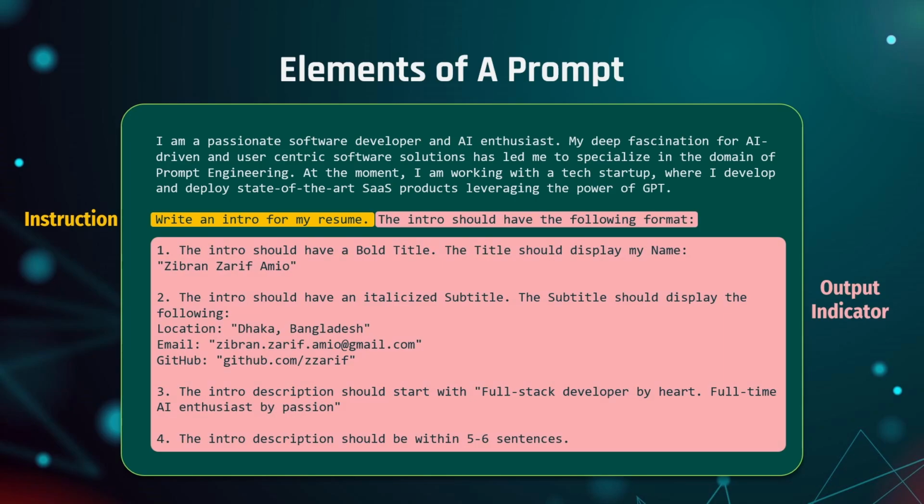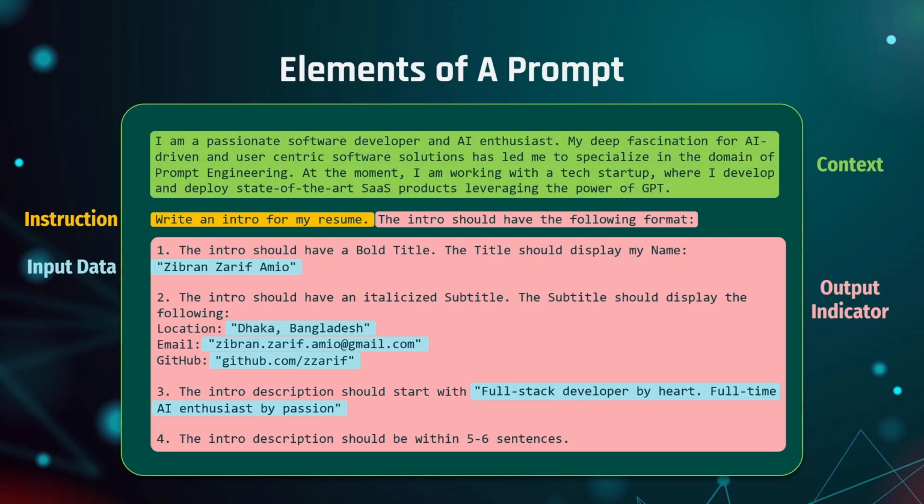So this entire part is our output indicator where we define the format of our output, and this particular data under double quotation, these are our input data, right? ChatGPT worked on this particular data, right? And finally at the very top we have the context, right?